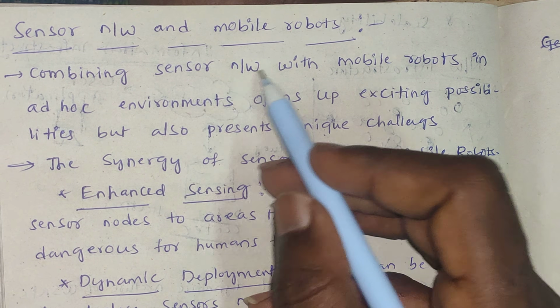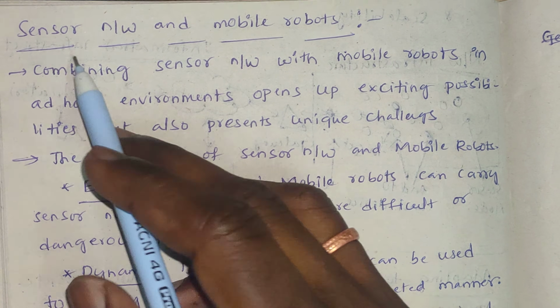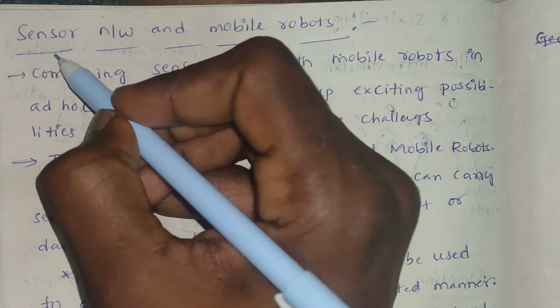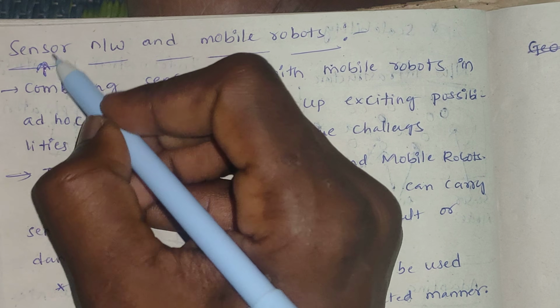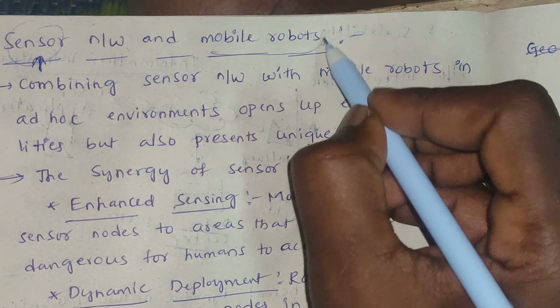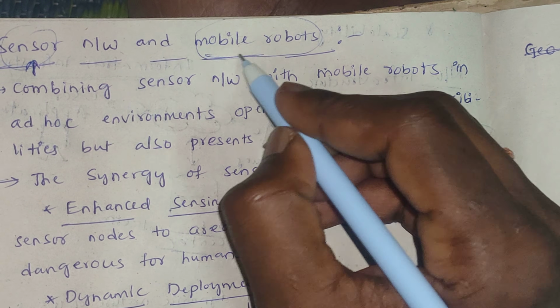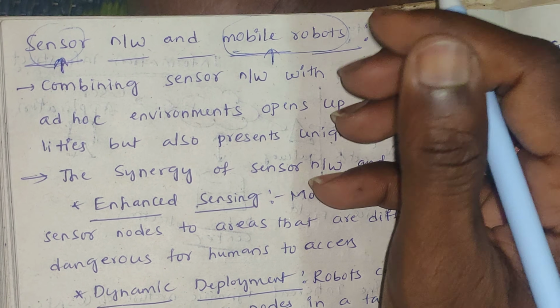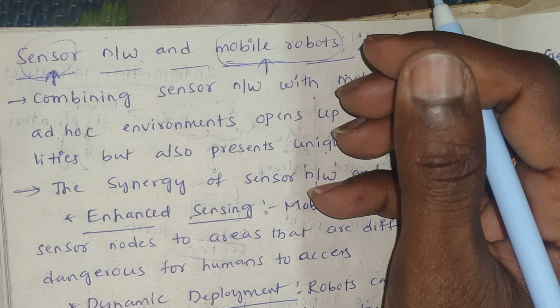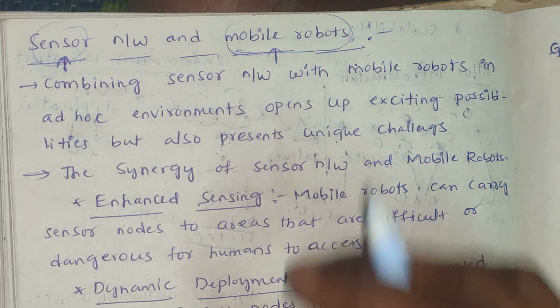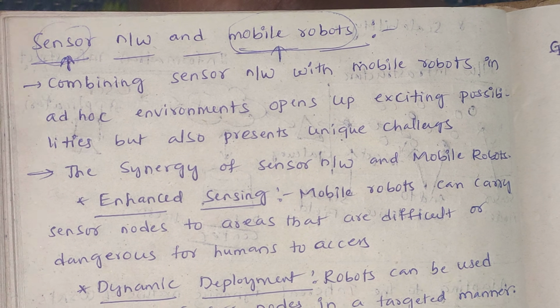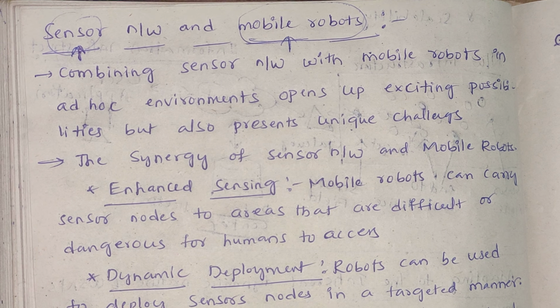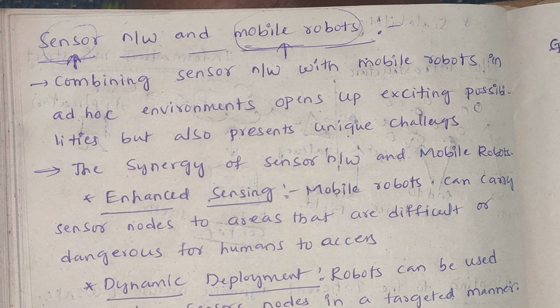Next, sensor network and mobile robots. It is the combining of sensors and mobile robots. The mobile robots can be directed by some operator. One operator can maintain the mobile robot.